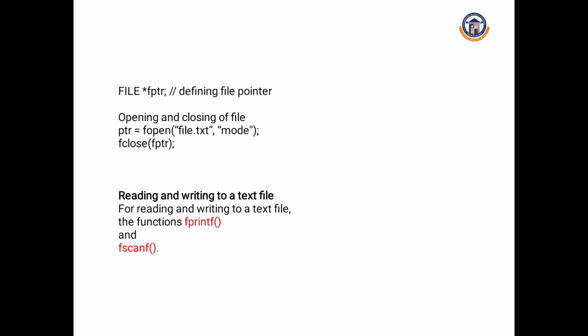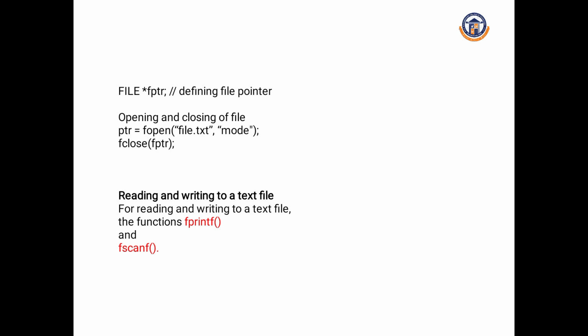For defining a file pointer, we need to declare pointers with stars. For that I have included a statement. This is a compulsory statement: capital FILE, space, star F, it is important, and afterwards it is PTR.